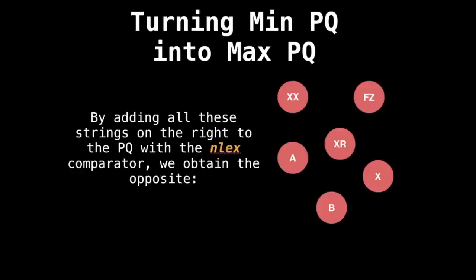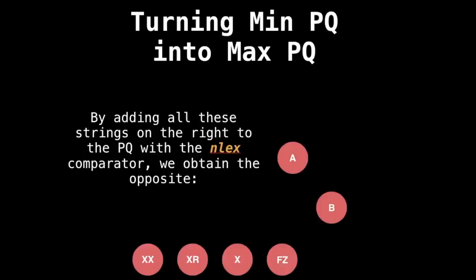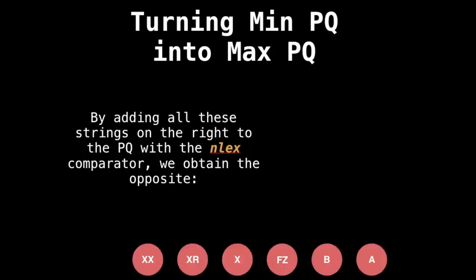So now let's do the same thing but with nlex. And we should hopefully obtain the opposite sequence in reverse order. And then we get XX, XR, X, Z, F, B, and A. So it did exactly what we intended it to do.